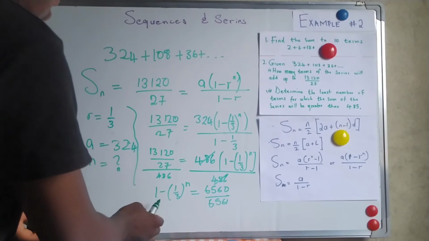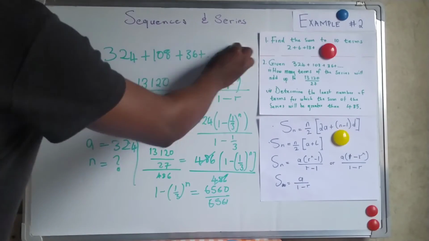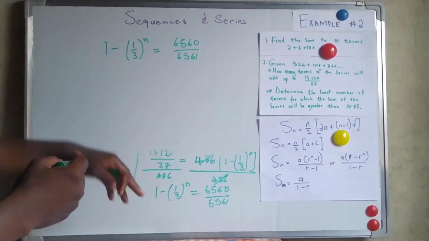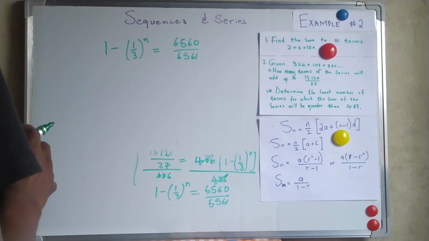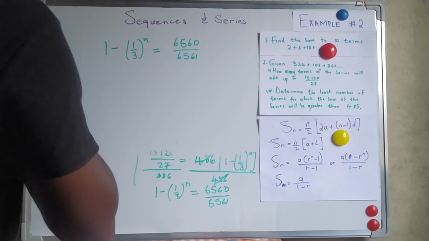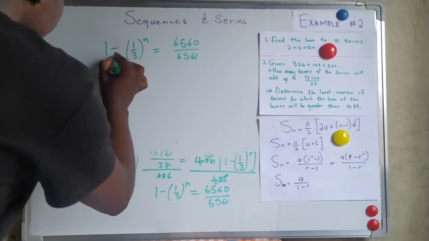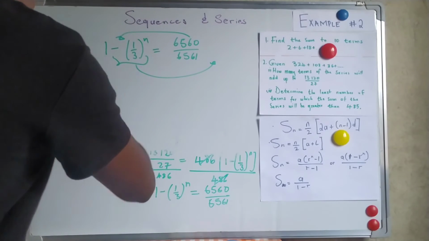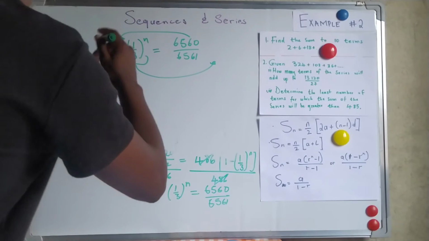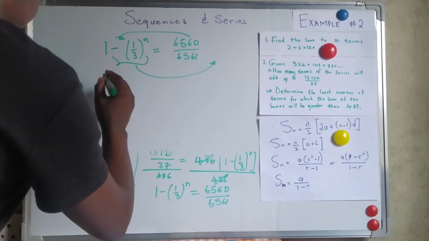After this, I'm just going to transpose this. Let me erase. So I've just rewritten this here. What I would then do is transpose: I would take this to this side and take this to this side. I want to make this positive without having to divide by a negative 1.